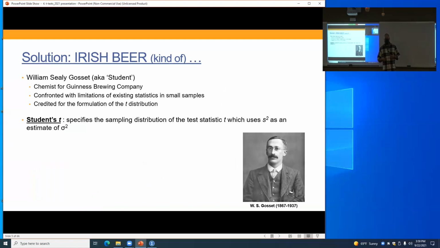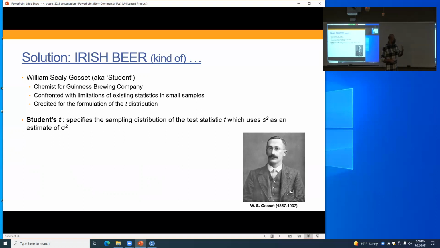This is why, if you start working with bigger modeling programs like Mplus, if you're running SEMs, they don't worry about t-tests. It's all Z ratios, because the assumption is that if you're using this estimator, you've got big enough samples that we don't have to worry about this anymore. But historically, for the types of studies we've done in psychology and other fields, this is a big issue, and it starts to produce biases in our inferences.